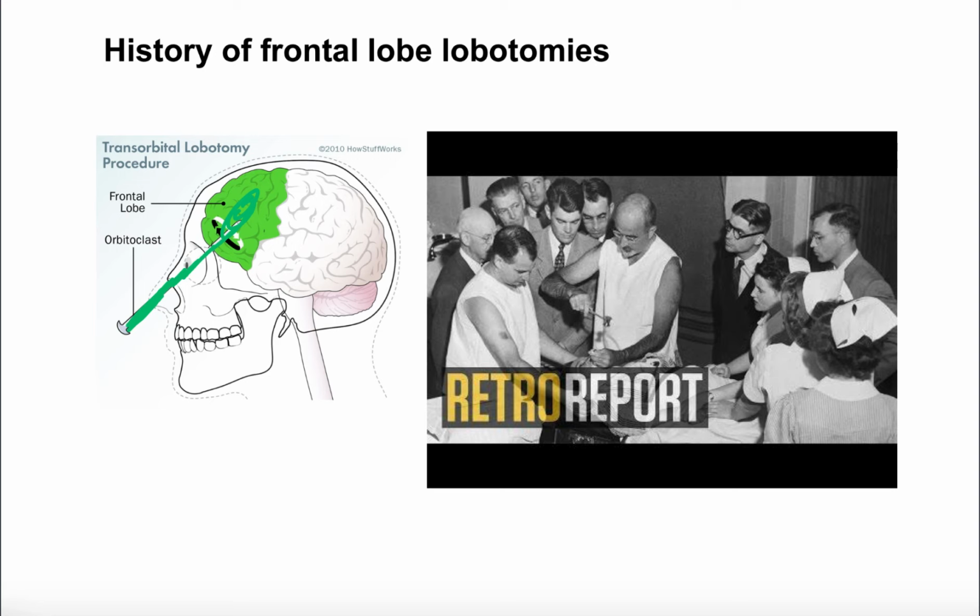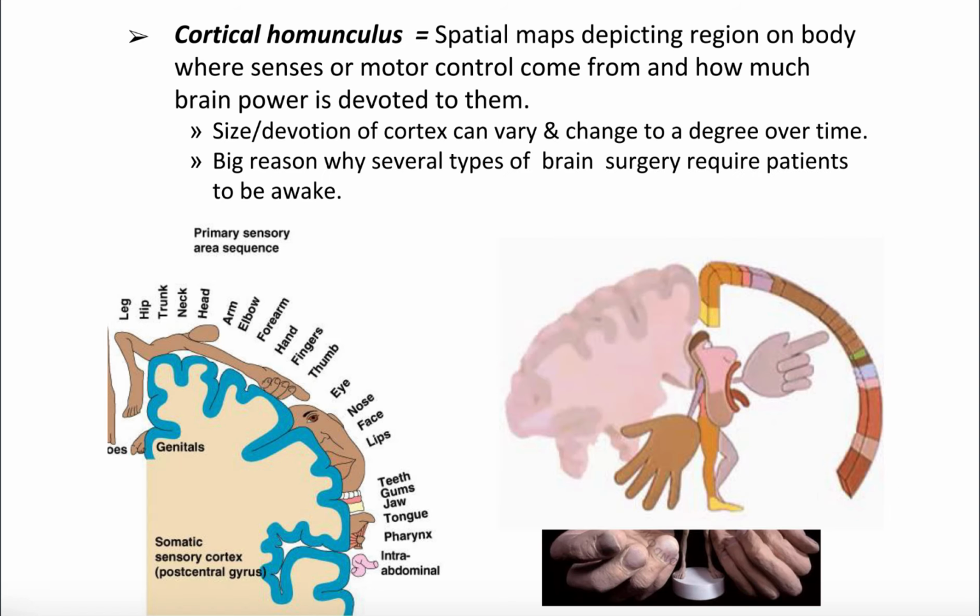So if you're interested in the history of that, you can watch the video that's linked here and learn more about it. Now, another thing I wanted to point out is that within those regions that control sensation, the band of tissue behind the central sulcus that helps you process sensory information, and the band of tissue in front of the central sulcus that helps you do motor movement, there are a lot of different areas devoted to specific regions of your body.